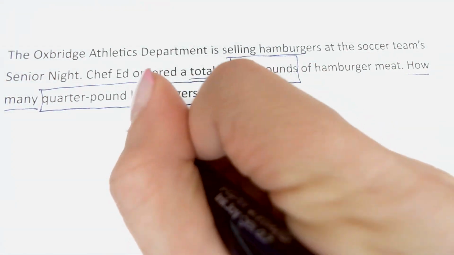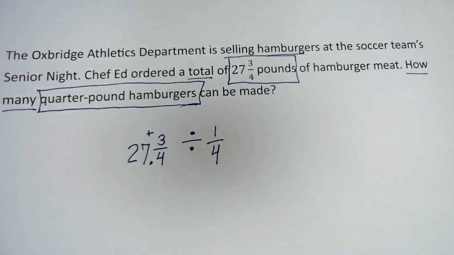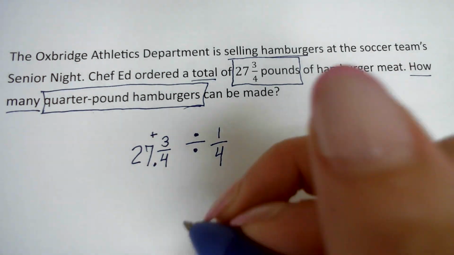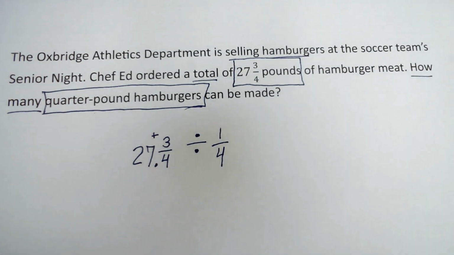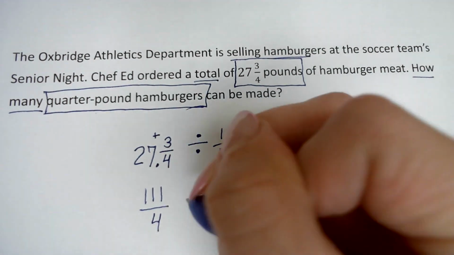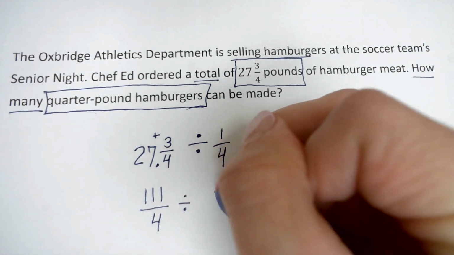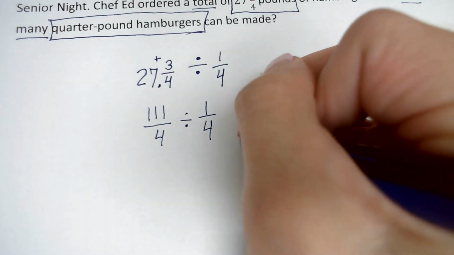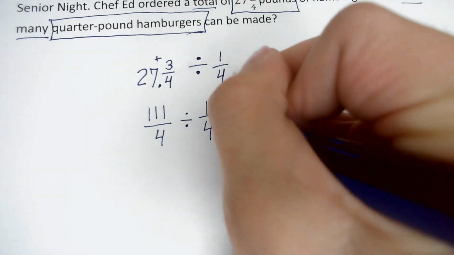First, we do around the world because we want to get rid of any mixed numbers we might have. So 27 times 4 is 108, plus 3 is 111 over 4, divided by 1 over 4. Now, we have to keep change flip.